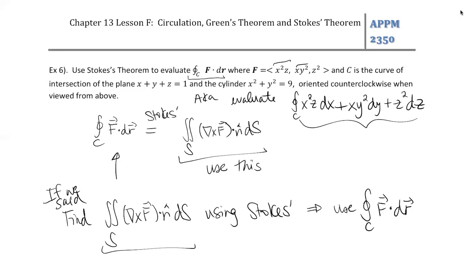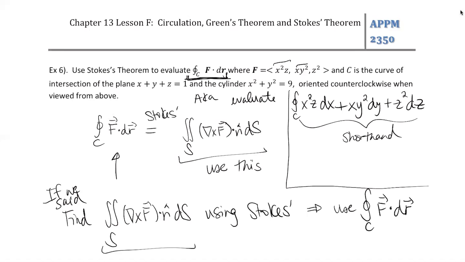This again is shorthand notation. It literally means the same thing. Both of these mean we need to actually change variables and rewrite everything in terms of t if we were going to be evaluating the actual line integral by hand.